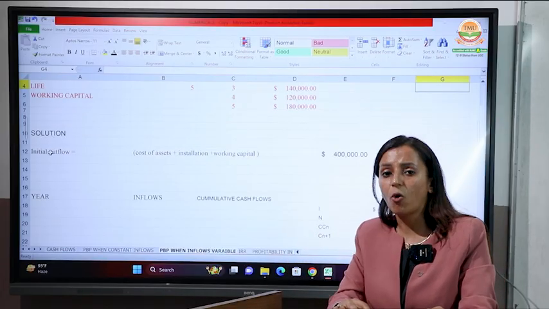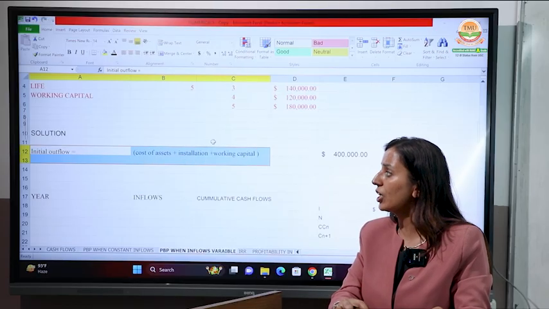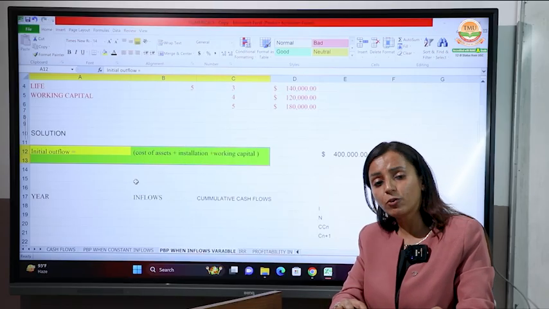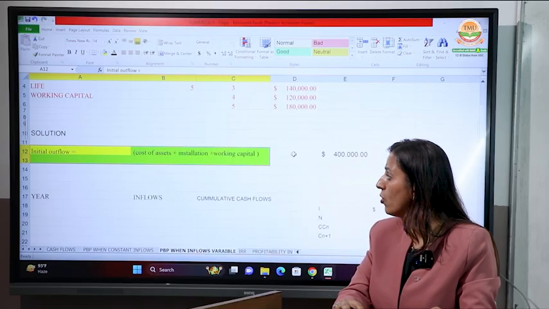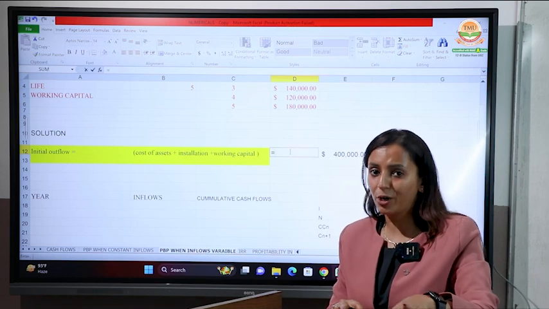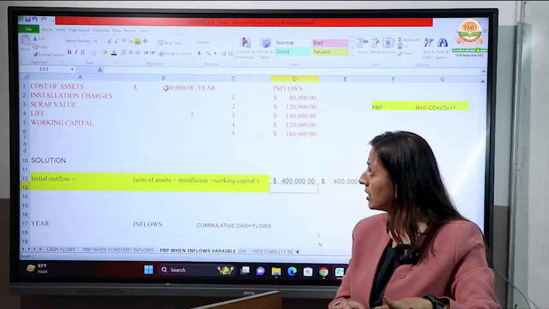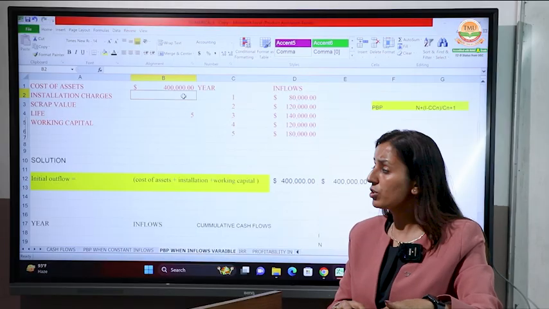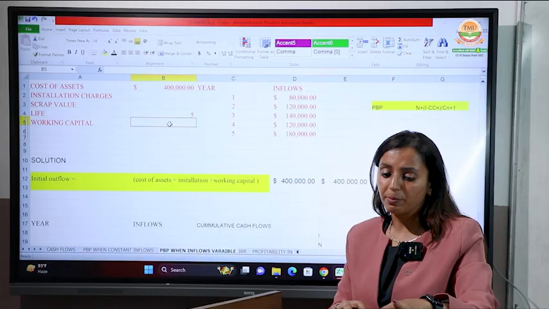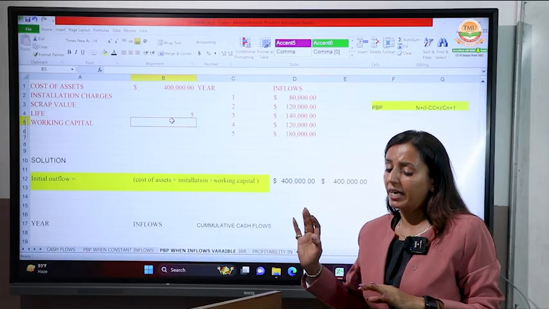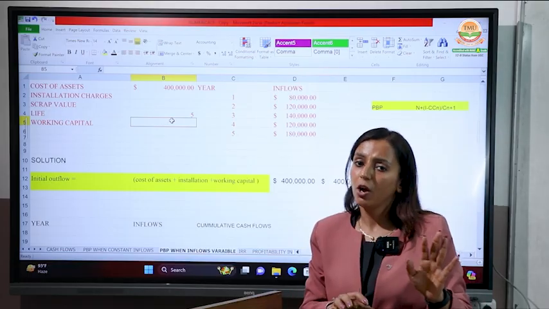The first point is always the same, that means the initial cash outflow. First we have to form the initial cash outflow. In the same way as we calculated before, taking the cost of capital of 4 lakh rupees plus your installation amount plus your working capital, right? You have to add all that and that will be calculated as 4 lakh.